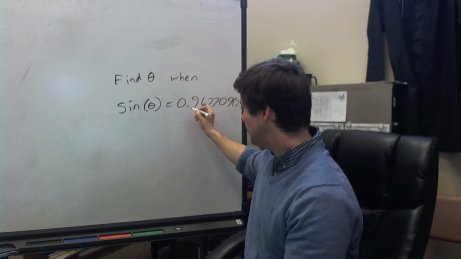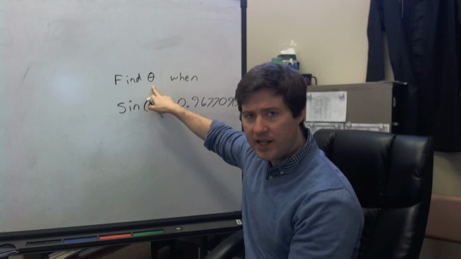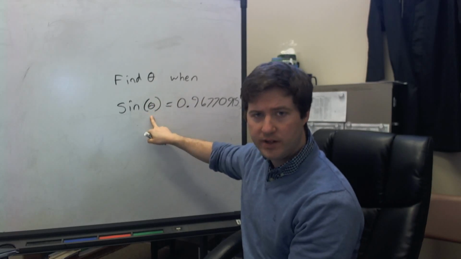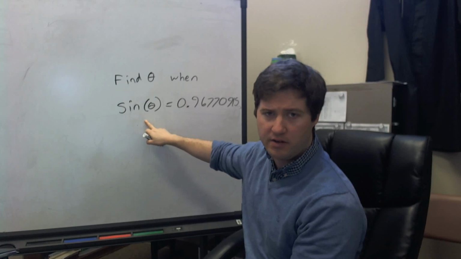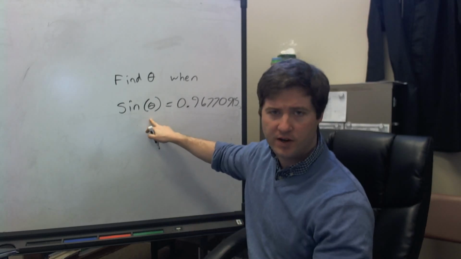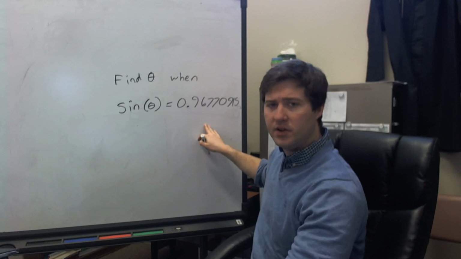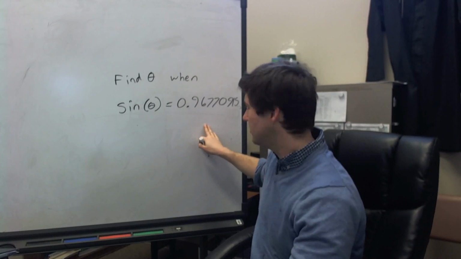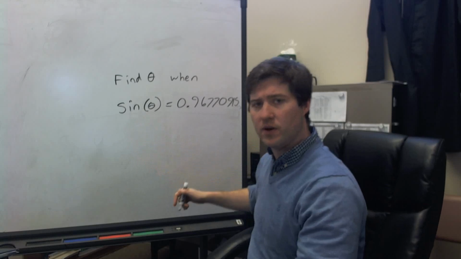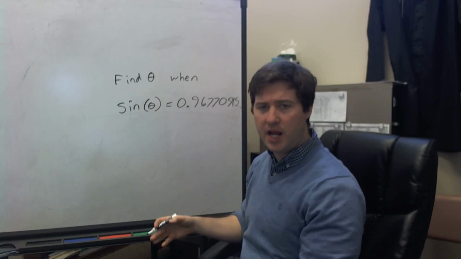So the difference in this type of problem, we're asked to find the angle. We're given sine of that unknown angle, of that variable. So this is where we're going to have to take our inverse function. We went through this once before. We're just adding one little step today.